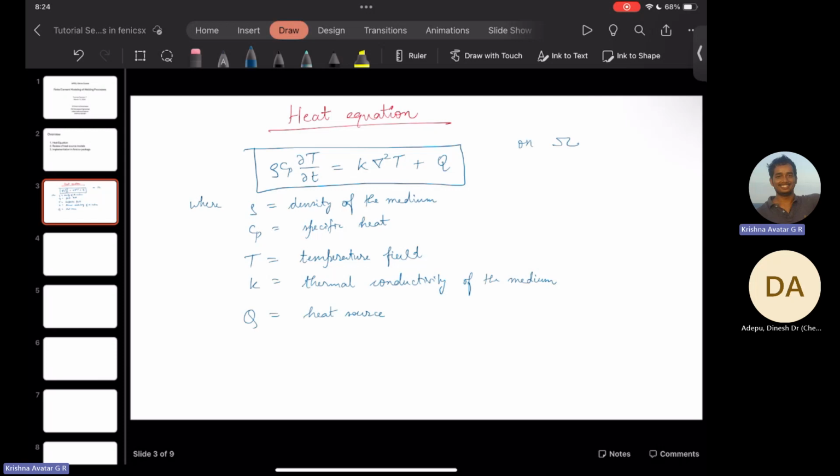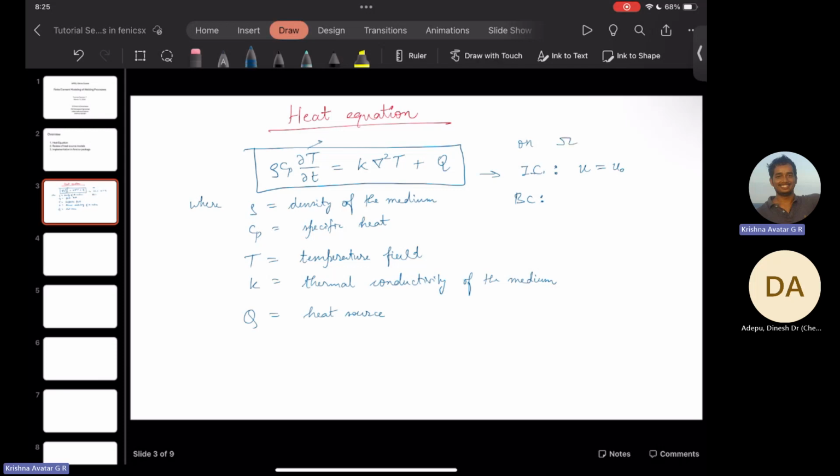Since it is first order in time and second order in space, we would also require one set of initial conditions, which is meant to start the problem. The other set will be the boundary conditions. For initial conditions, T is equal to T naught.